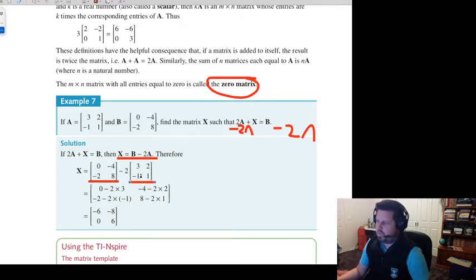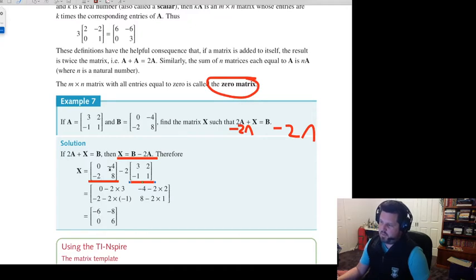Now, the way in which they've calculated this, you could do it in one step, or you could do it in 2 steps. You could multiply out this scale matrix here, multiply everything by -2, and then add the matrices. Or what they've done here is they have just gone with each of the elements. They've done this one here, 0, take away 2 times 3 for the first one, which is -6.